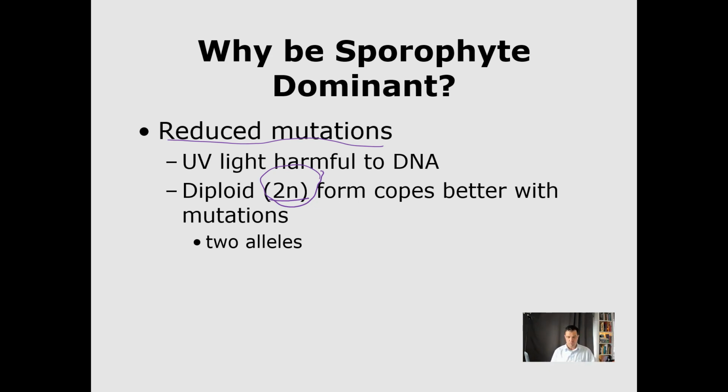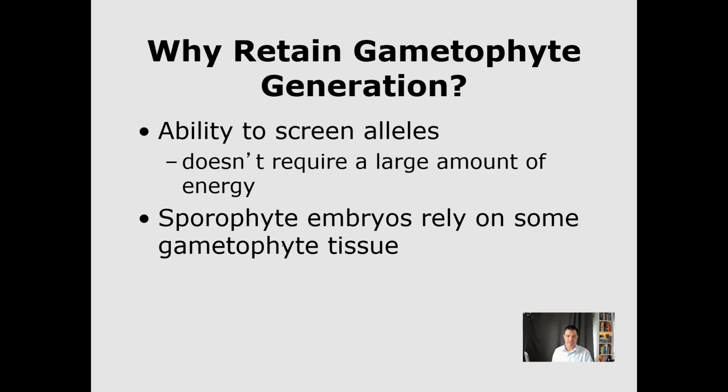So if one set of chromosomes or one gene on a chromosome is damaged, if your other one is functioning and you're a diploid organism, that can often counteract the negative effects of having one damaged allele. So it gives you sort of double the odds of protection against that.